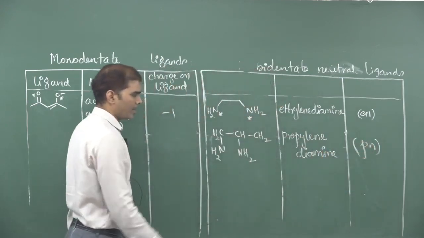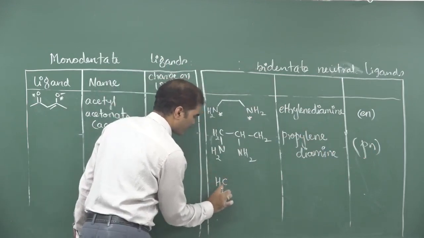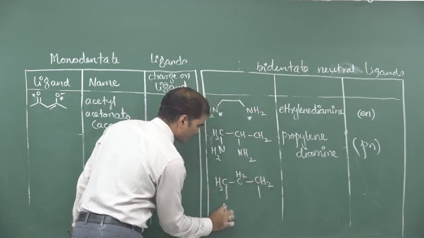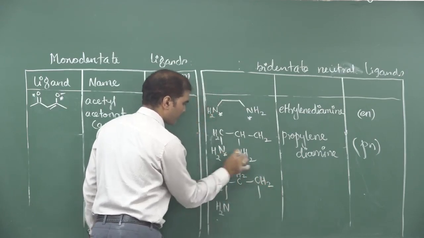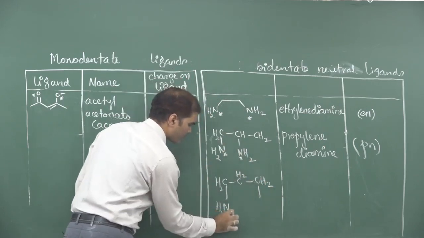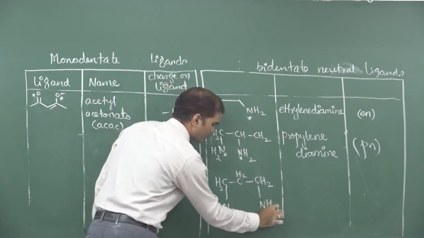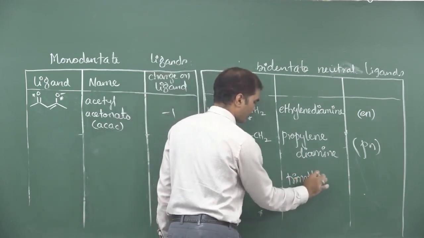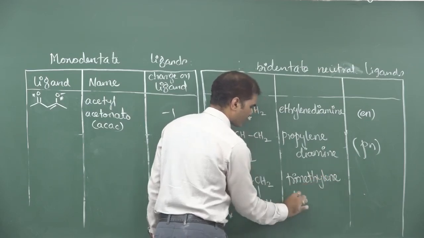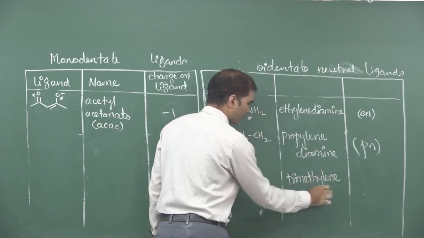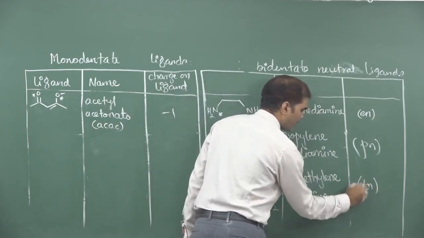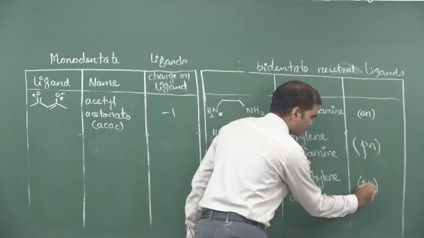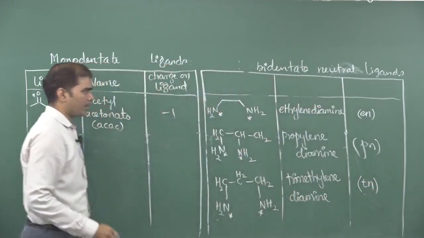Propylene diamine is abbreviated as PN. Trimethylene diamine, abbreviated as TN. EN, PN and TN.